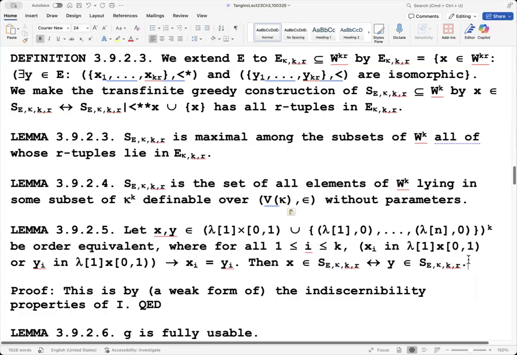So this is a kind of indiscernibility for the context we're in, indiscernibility with parameters from here. And that follows from the fact that we've already gotten our indiscernibles beforehand, by general transfinite combinatorics.